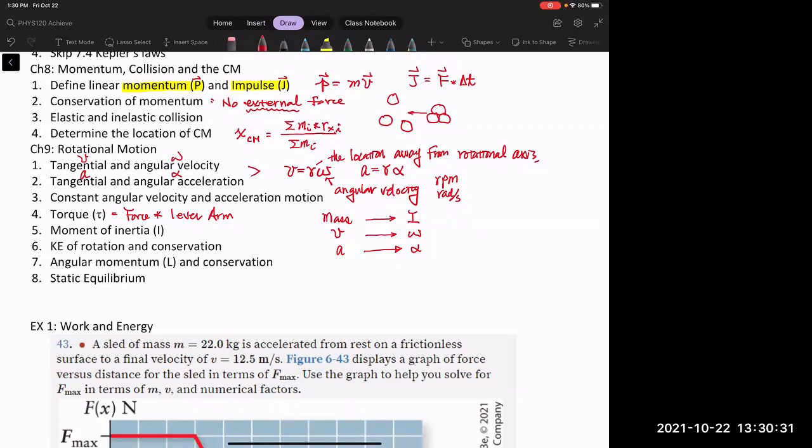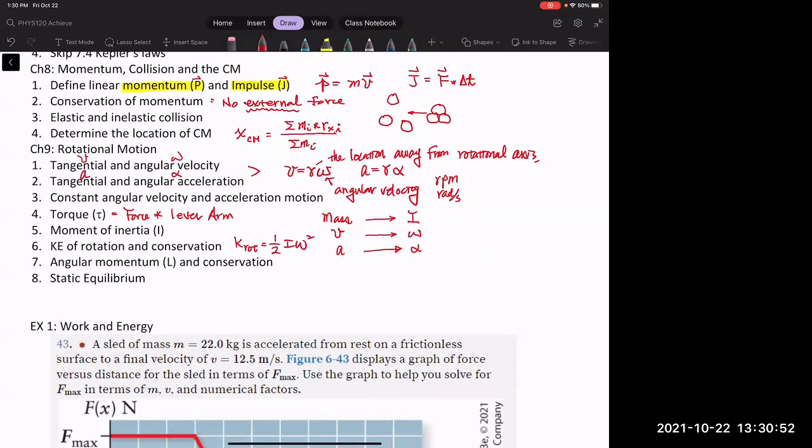Now, rotation also has kinetic energy and potential energy as well. In terms of kinetic energy for rotation, K of rotation is equal to 1/2 I omega squared.